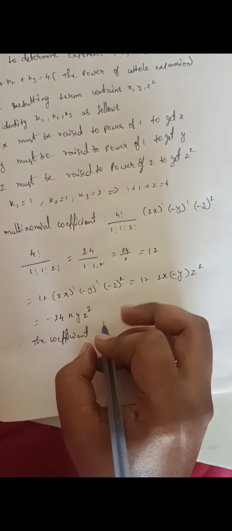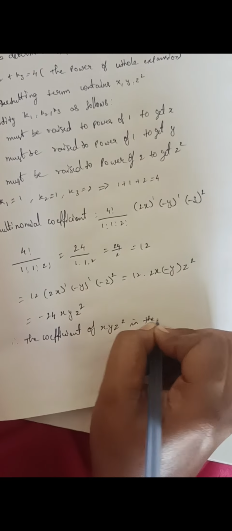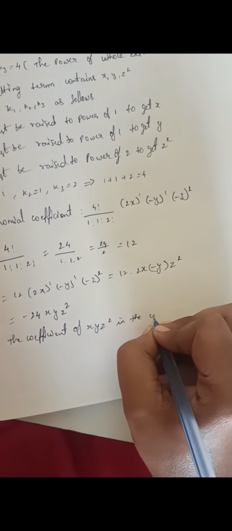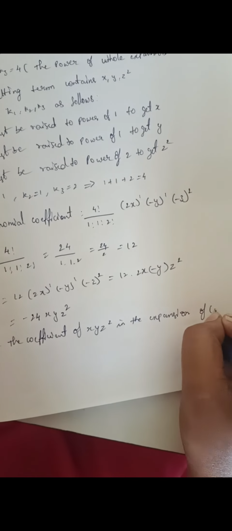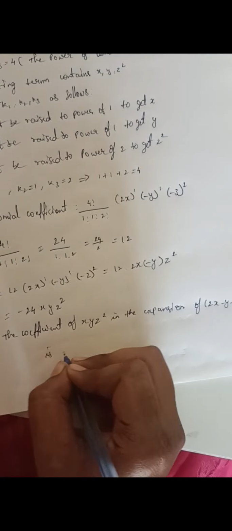Therefore, the coefficient of x y z square in the expansion of (2x minus y minus z) whole power 4 is minus 24.